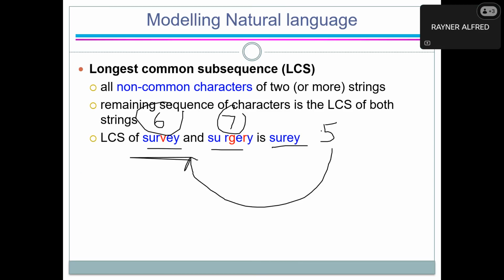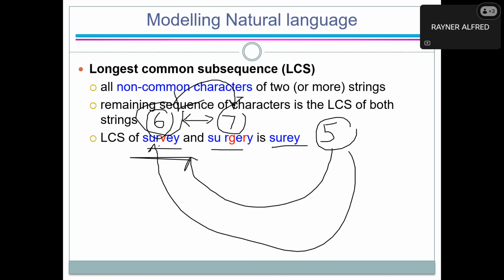If you want to know the longest subsequence here, the maximum we can get will be the minimum among these. Okay, but we have 5, so that means 5 is less 1 from this, which is almost similar to these 2.